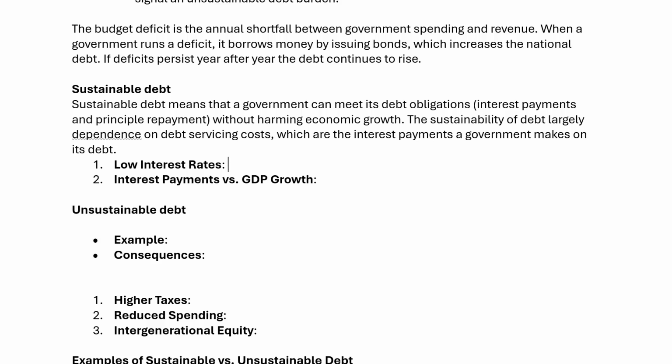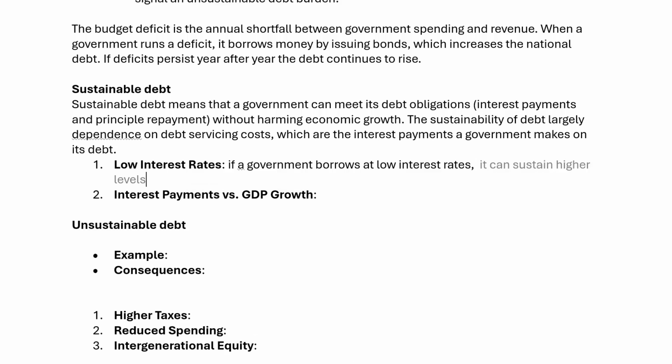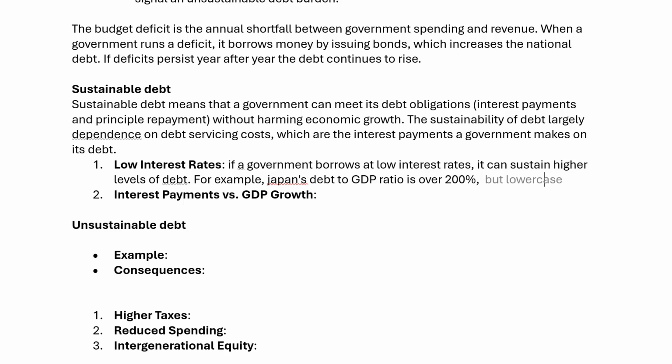If a government borrows at low interest rates, it can sustain higher levels of debt. For example, Japan's debt to GDP ratio is over 200%, but low interest rates keep its debt servicing manageable.